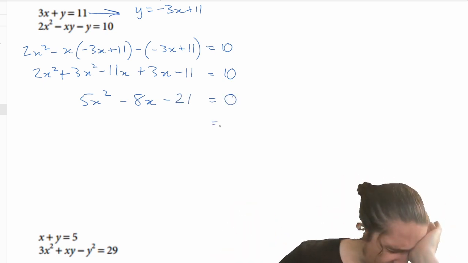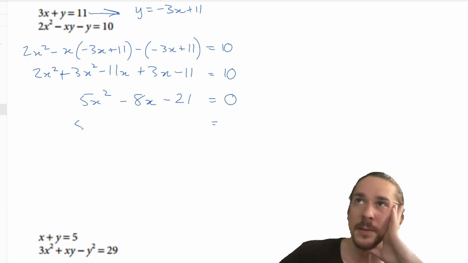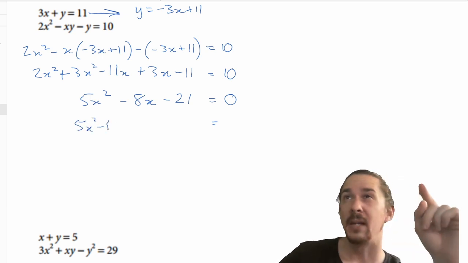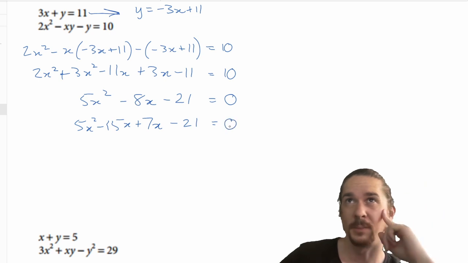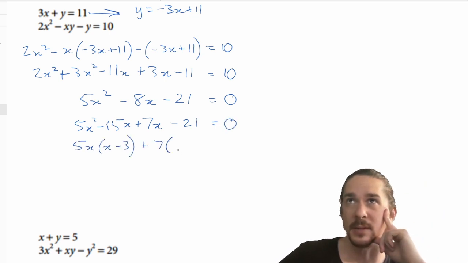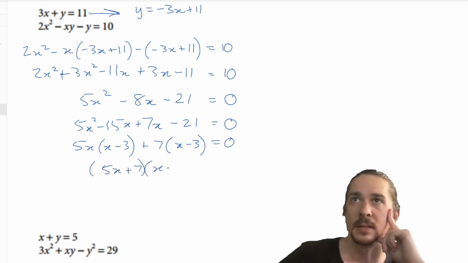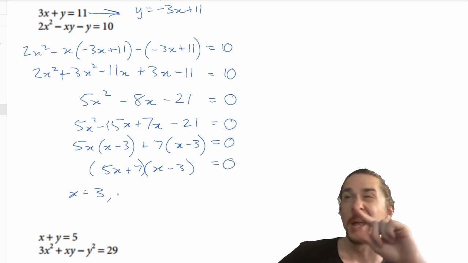That is 7 times 15. So I'm going to say 5x squared minus 15x plus 7x minus 21 equals 0. 5x times (x minus 3) plus 7 times (x minus 3) equals 0. So we're going to have (5x plus 7) times (x minus 3). And that tells us that x is going to be equal to 3 or negative 7/5.